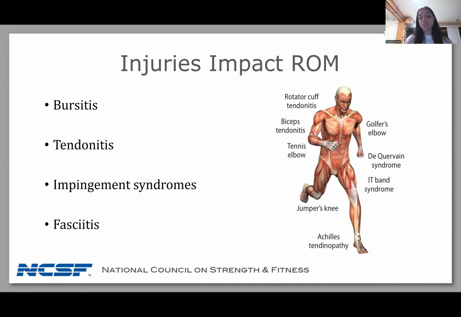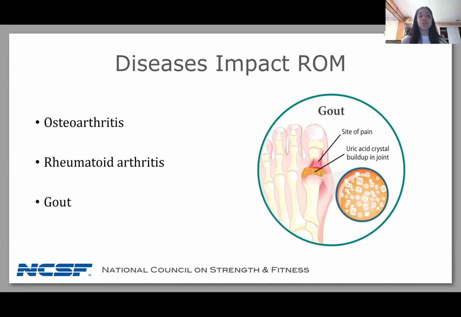And then you have those impingement syndromes, which we talked about before. Really common is your anterior shoulder having impingement syndrome because of inflammation, again, to all the structures that cross over in front of your shoulder. And then you have diseases that can impact range of motion.